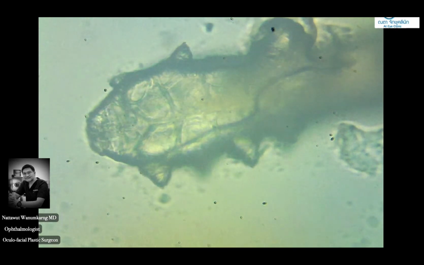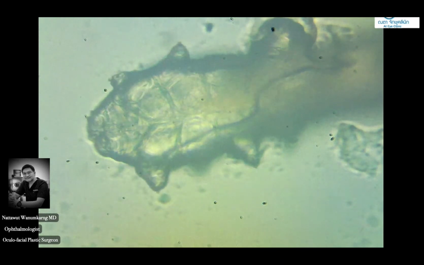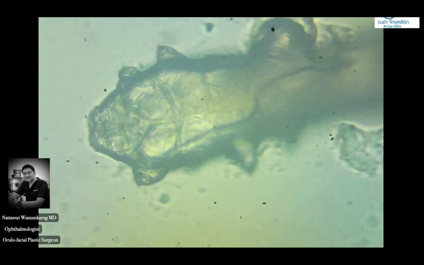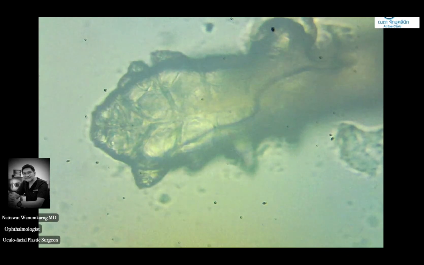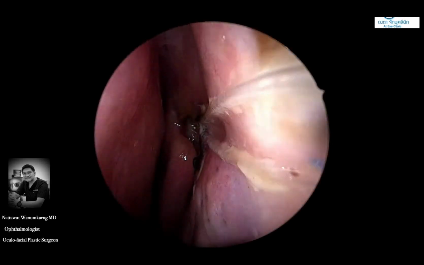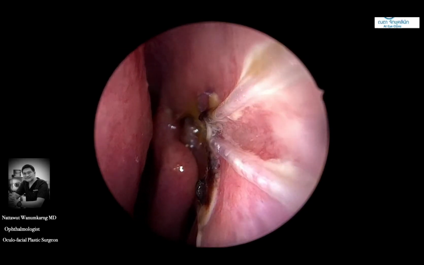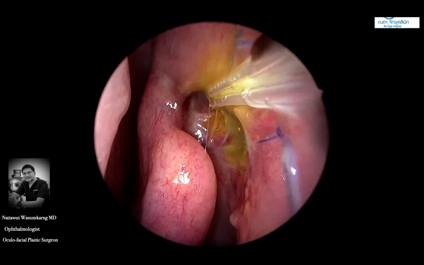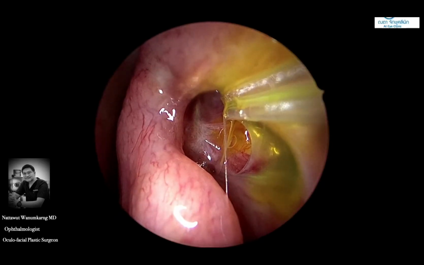And the next step, I will show you how to examine with the nasal endoscope and how to take the tube out for you. Okay. This is the video where we use the nasal endoscopic view to see post-op at 3 weeks. This is inside the nasal cavity. We approach from the nasal ostium.